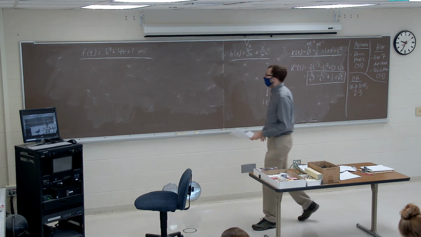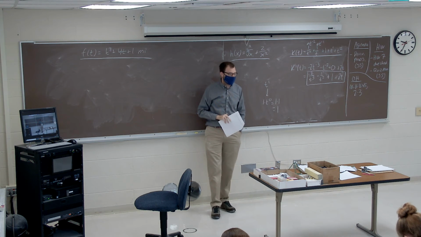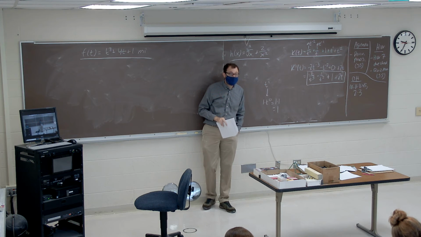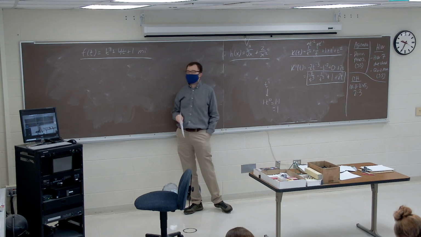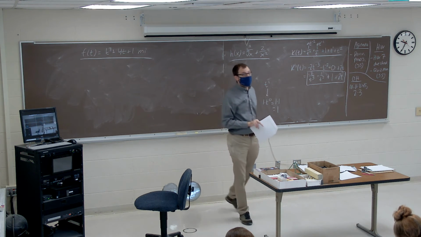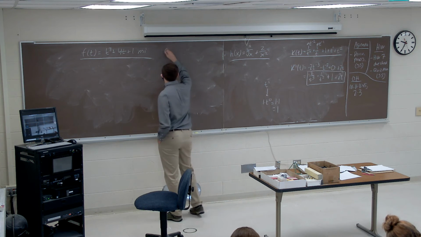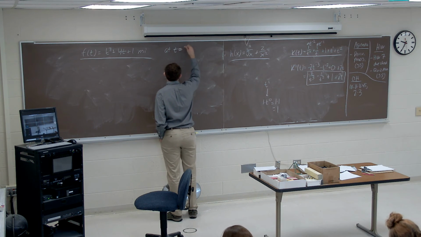So this problem, we're given another sort of real-world velocity example, where we're given a function that measures distance traveled. So f of t is how many miles you are from home. And we're asked to find at t equals 3 minutes, what is the velocity / speed?